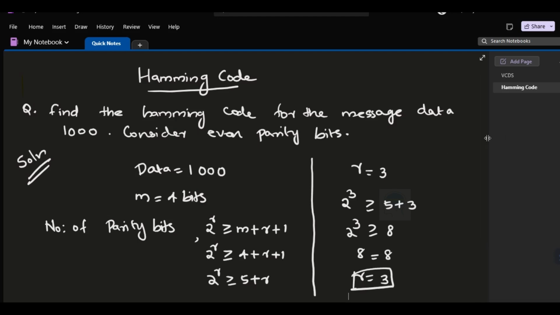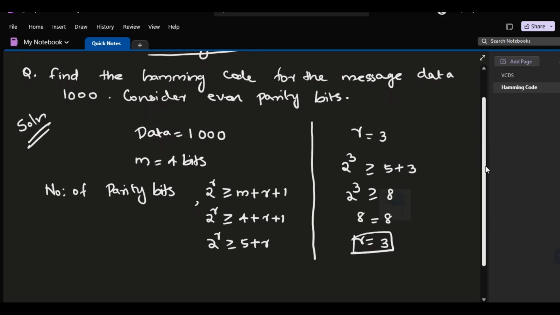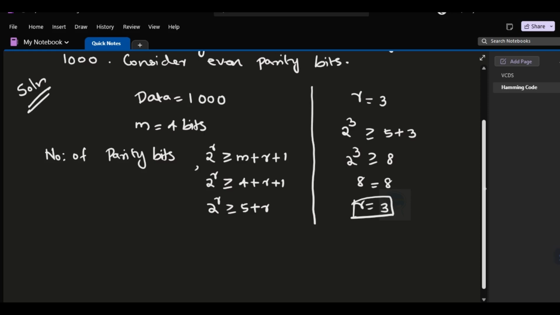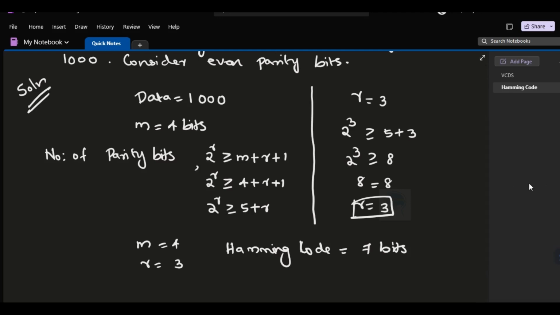So we conclude that the parity bits are 3 bits. We have data as 4 bits and parity bits as 3 bits, which means that for 4-bit message data, we need 3 parity bits. So our Hamming code will be of 7 bits, which is data plus parity bits.